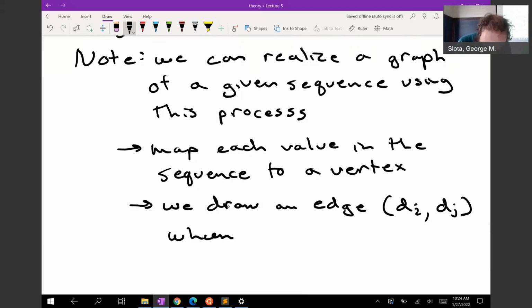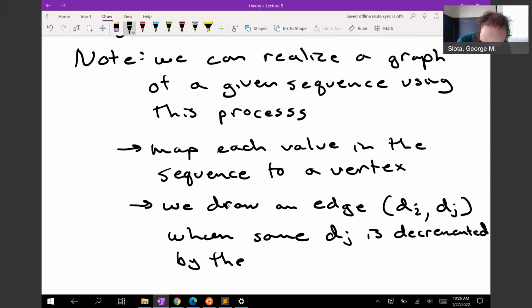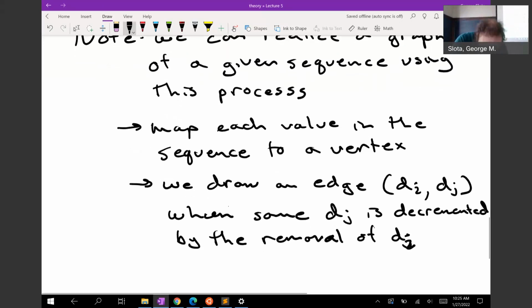When some d sub j is decremented by the removal of d sub I. Let me clean that up.